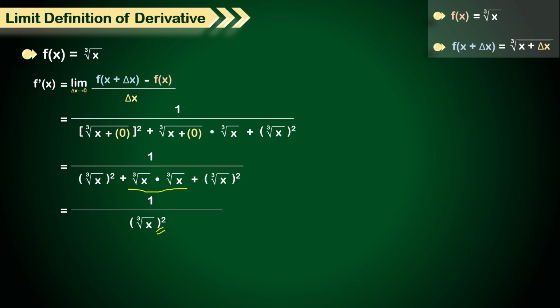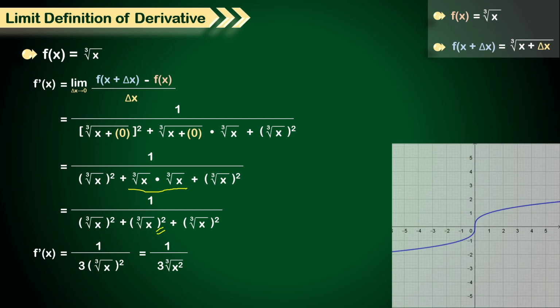And rewrite the remaining terms. Simplify. It is equal to 1 over 3 square of cube root of x, or we can rewrite it as 1 over 3 cube root of x squared.